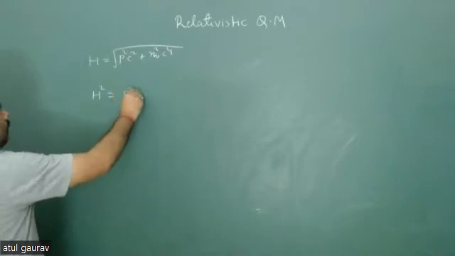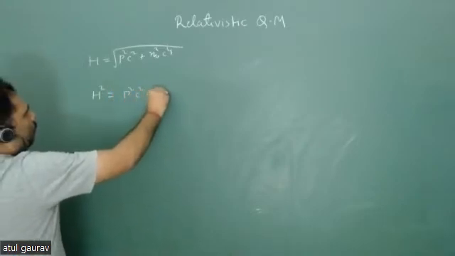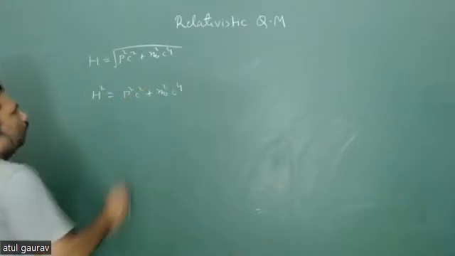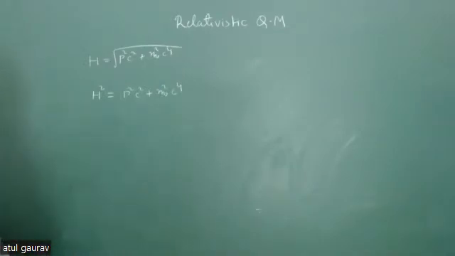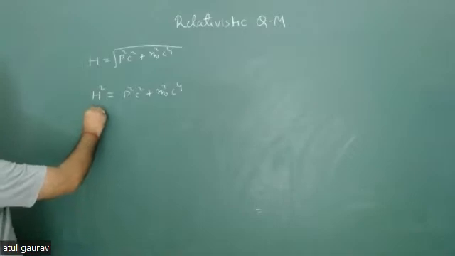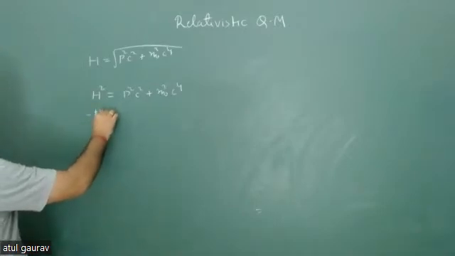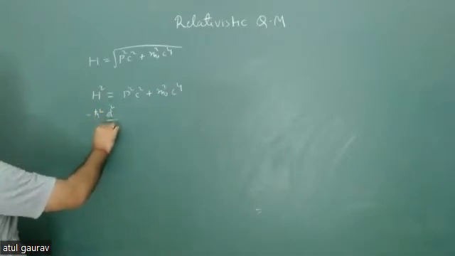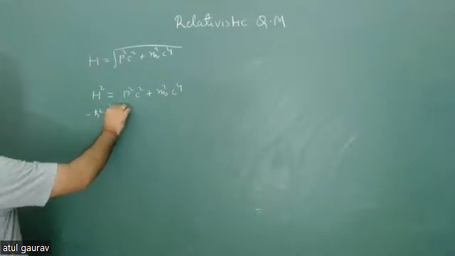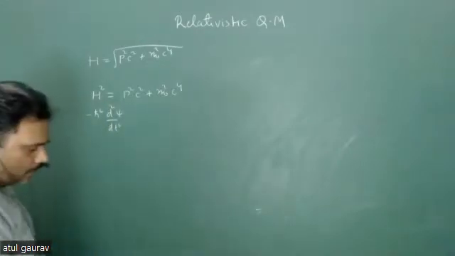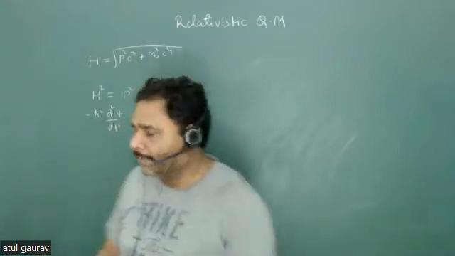and this value can be written as P square C square plus m naught square C4, and this H square can be written as minus h cut square d square upon dt square if we are writing in the form of quantum mechanical operator.